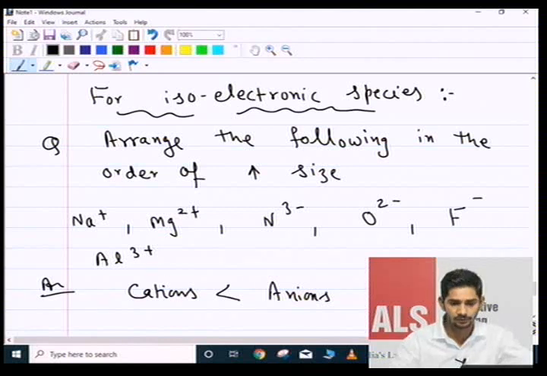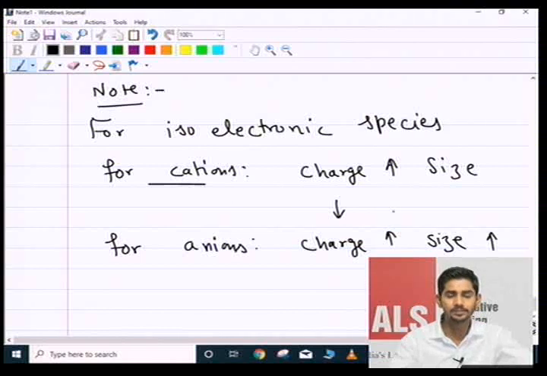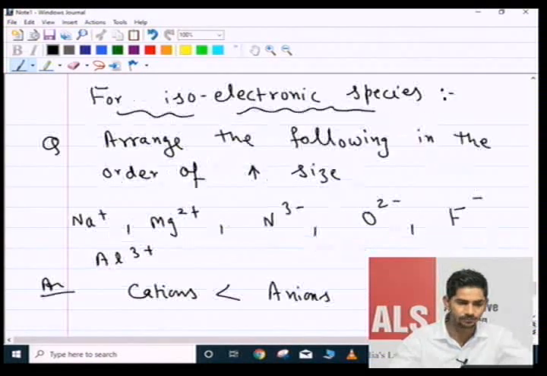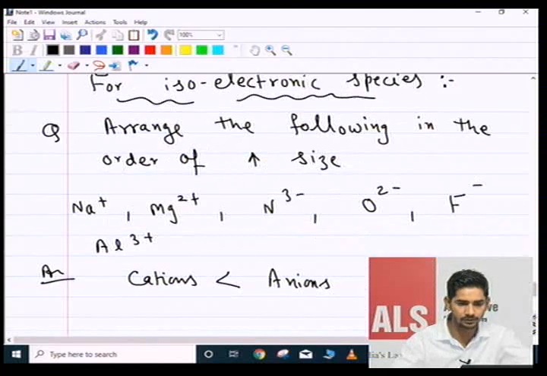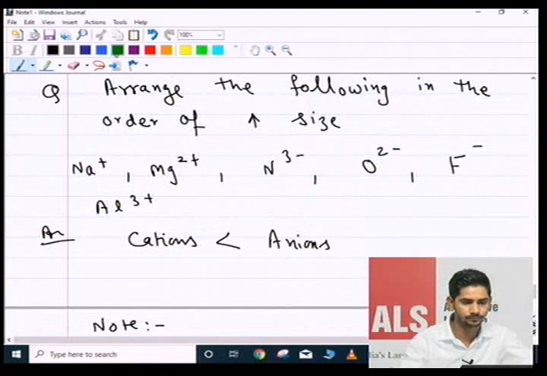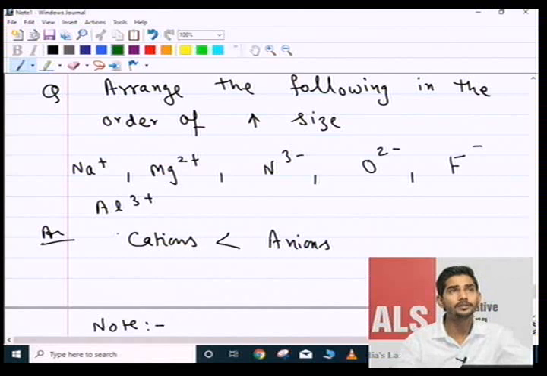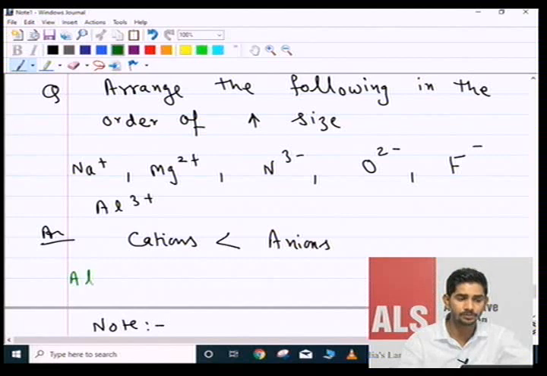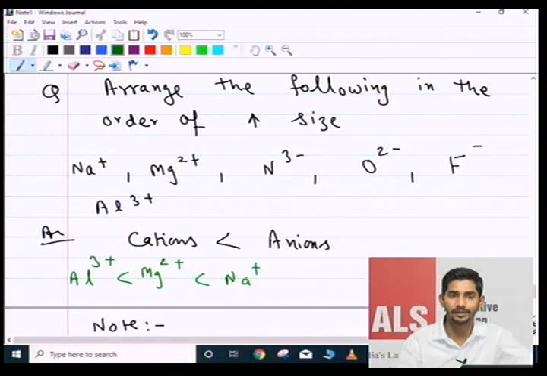We have written that for cations, as charge increases, size decreases. So obviously, Al3+ has the 3+ charge, that's why its size will be the least, because charge is maximum there. Al3+, Mg2+, Na+. That's all about your cations.